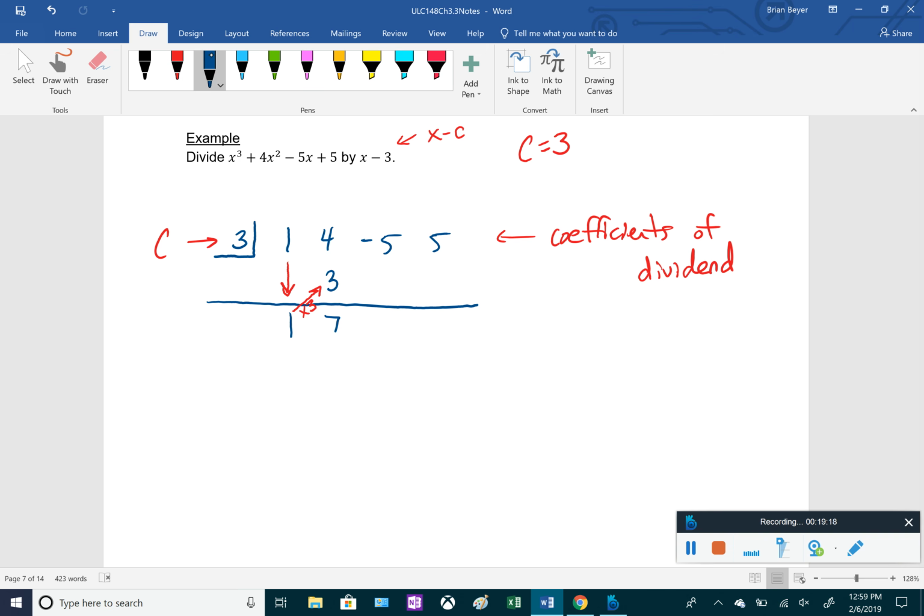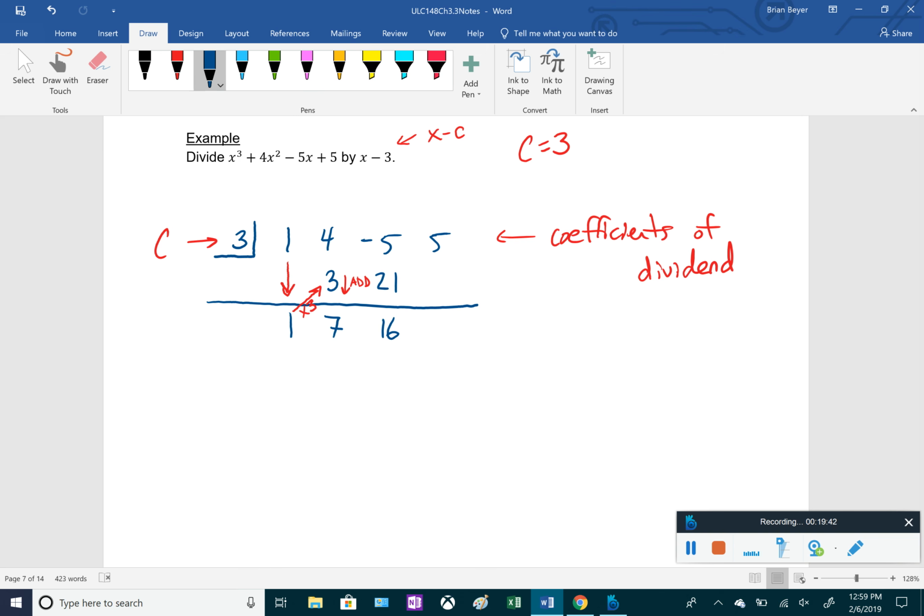We're then going to add down. 4 plus 3 is 7. So I'll put add. And then we repeat that. So now we do c times 7. So 3 times 7 is 21. We put this right here. We add down. Negative 5 plus 21 is 16.